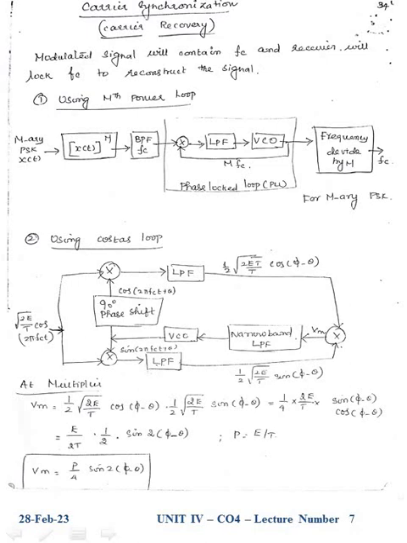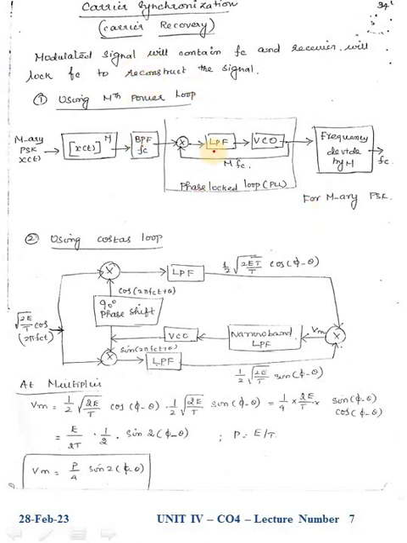The modulated signal will contain the carrier frequency Fc, and the receiver will lock to that particular frequency Fc to reconstruct the signal. So this is the concept of carrier synchronization or carrier recovery. Instead of giving the carrier frequency in the receiver section, we are using a phase locked system to lock or fix the same carrier frequency. That is called carrier recovery.